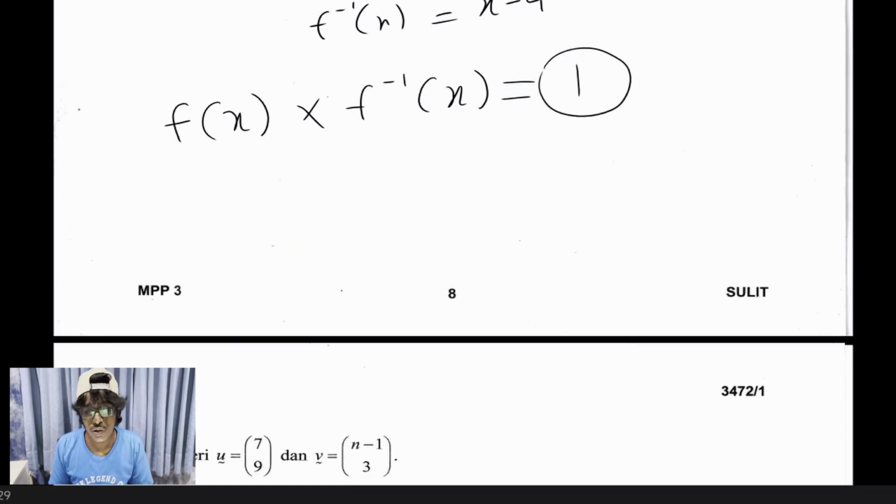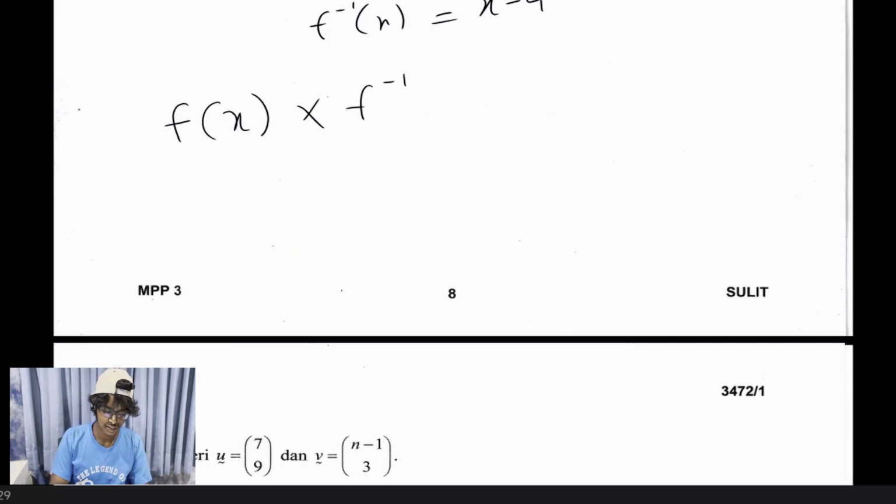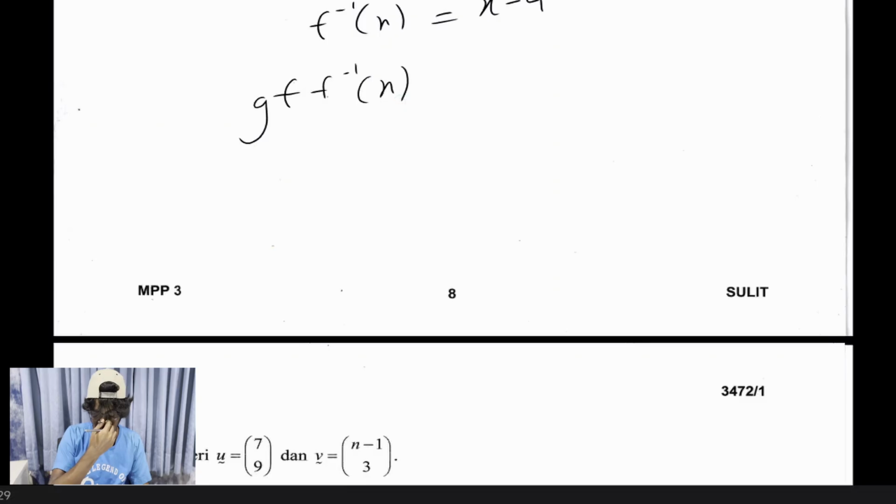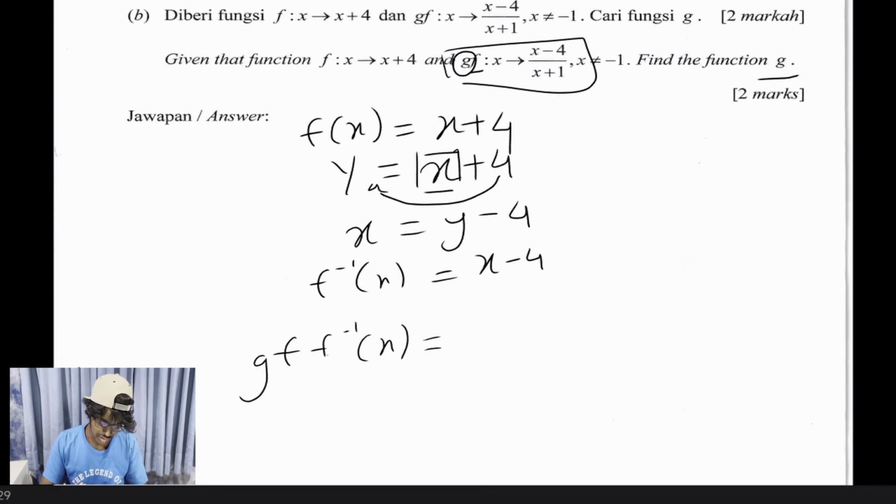It will cancel out itself. That is why we have to substitute it inside the composite function. So it will look something like g(f inverse(x)), and we are going to replace this x minus 4 into all the x that we can see here.